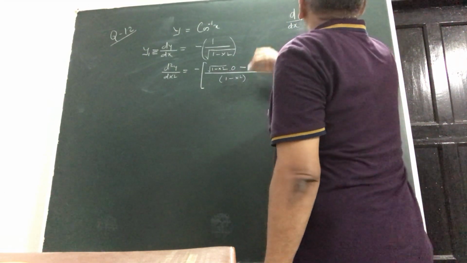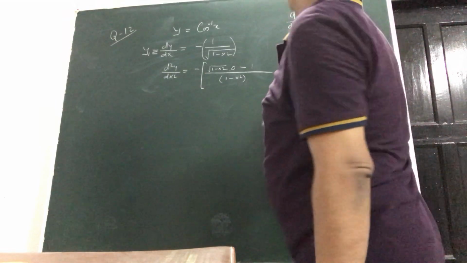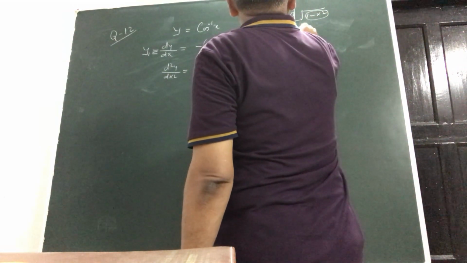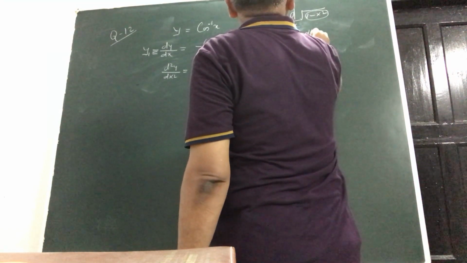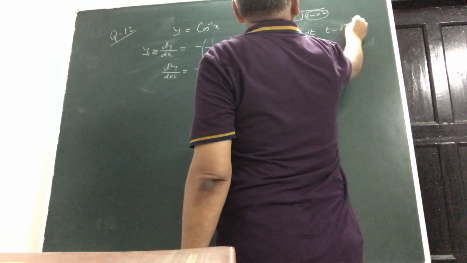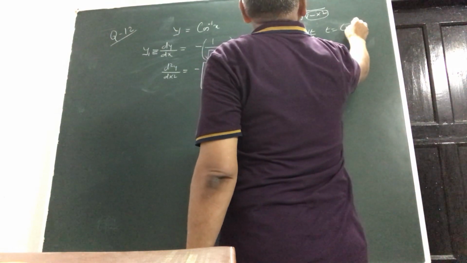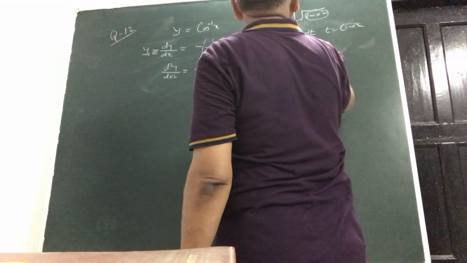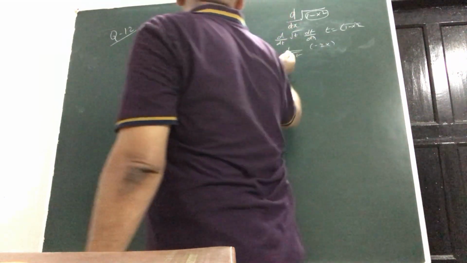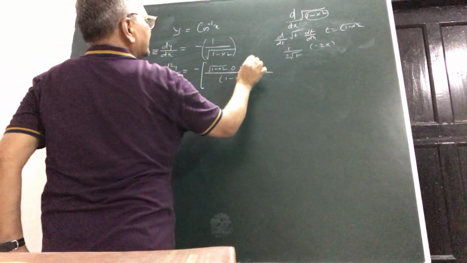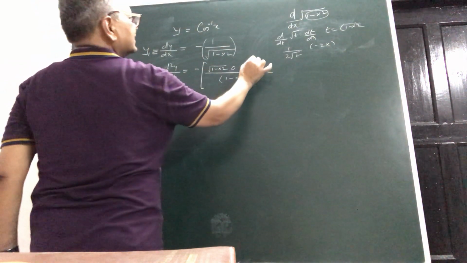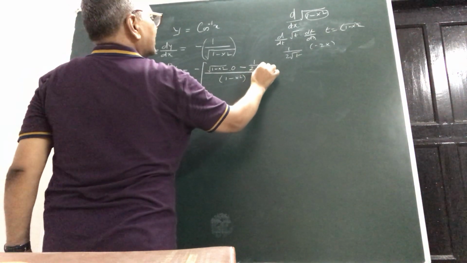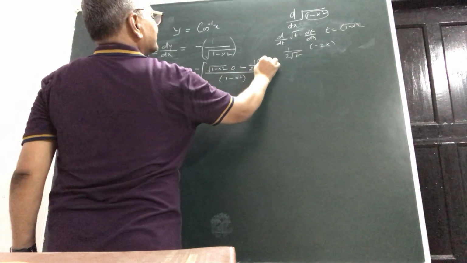Please see, d by dx of under root 1 minus x square. Here, this whole thing you will first of all put equal to t. So what you will get is d by dt of under root t into dt by dx. Okay, t you have kept to be 1 minus x square. So it is 1 upon 2 root t into dt by dx, which is minus 2x. The t value you will put, so the derivative of this thing is nothing but 1 upon 2 under root 1 minus x square into minus 2x.